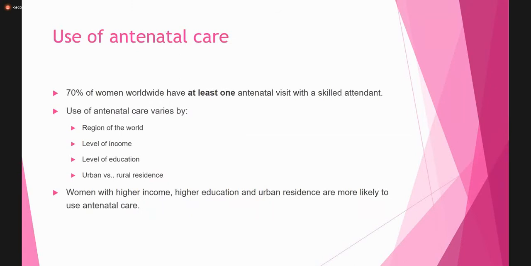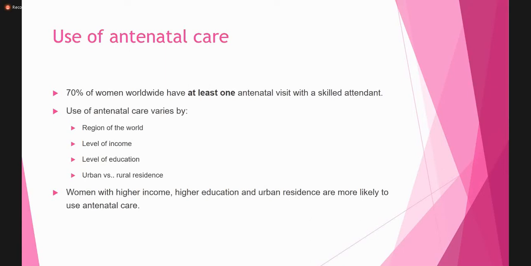Use of antenatal care. 70% of women worldwide have at least one antenatal visit with a skilled attendant. The use of antenatal care varies by region of the world, the level of income, the level of education, and urban versus rural residents. Because in urban settings, we may have more antenatal clinics than rural settings.